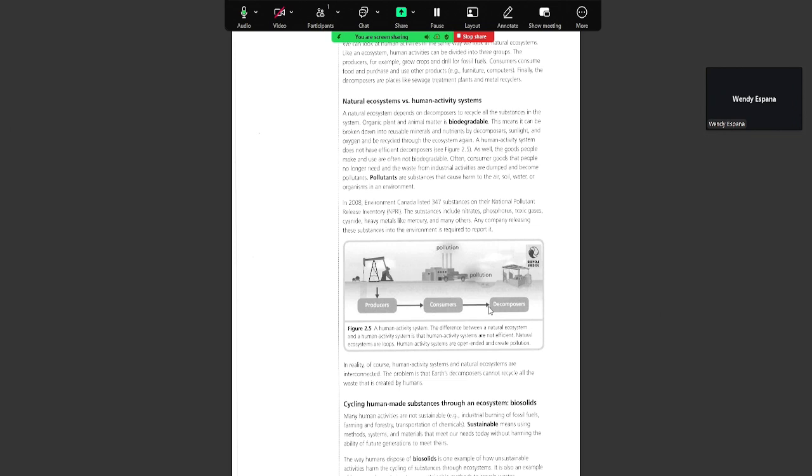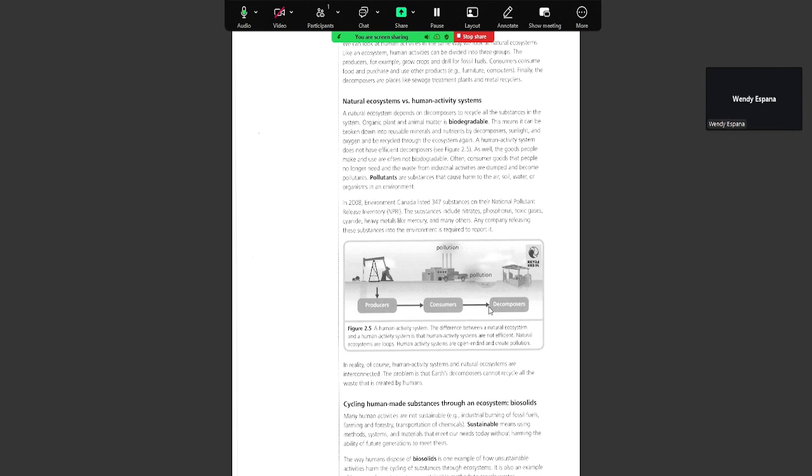Human activity systems do not have efficient decomposers, and the goods people are making are not biodegradable. So, consumer goods that people no longer need are dumped into a dump, a waste disposal site, and they aren't released.